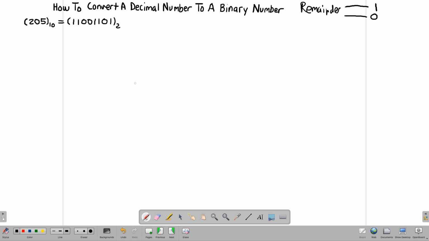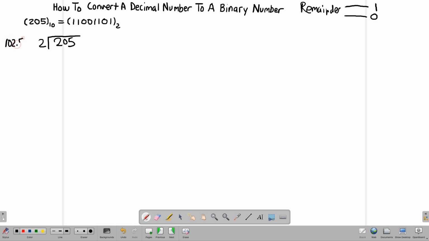All right, let's compute. We have 205 divided by 2. 205 divided by 2 will be a value of 102.5.